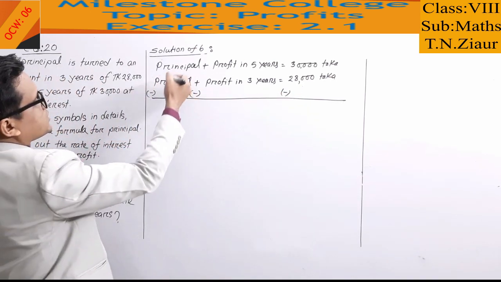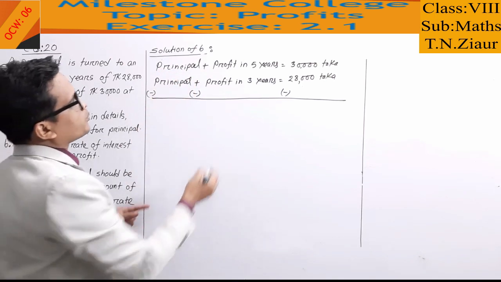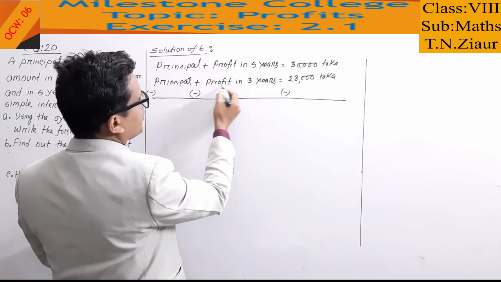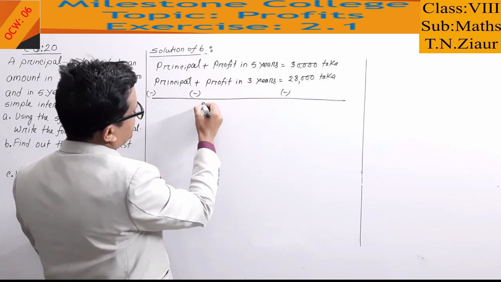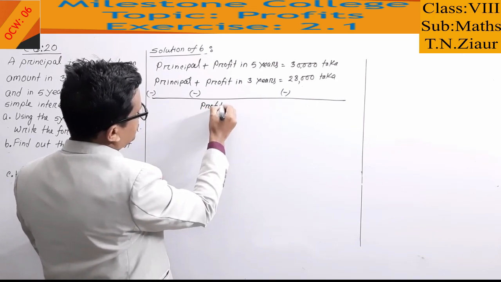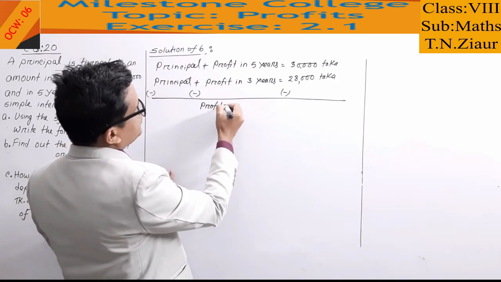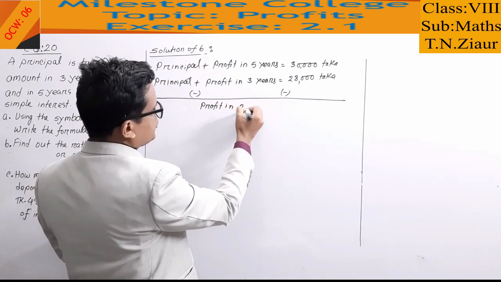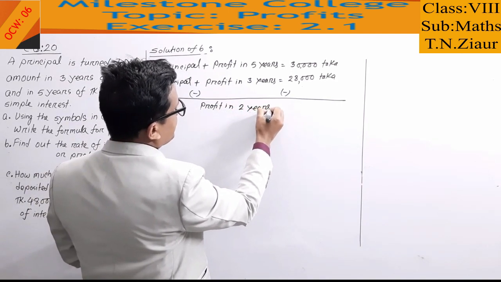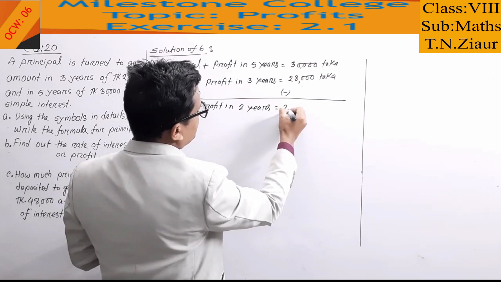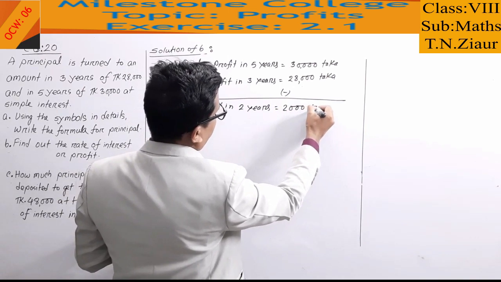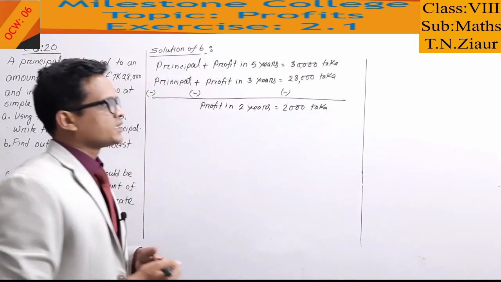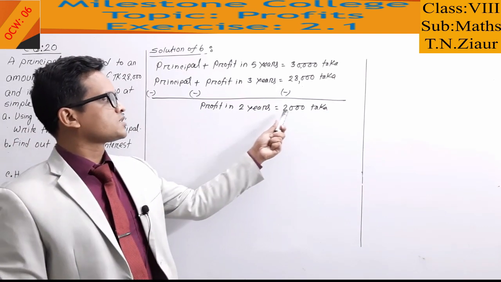So we can remove this principal. Profit in 5 years minus profit in 3 years, so what would be the remaining part? Profit in 2 years is equal to 2,000 taka, right? So we are finding the profit.